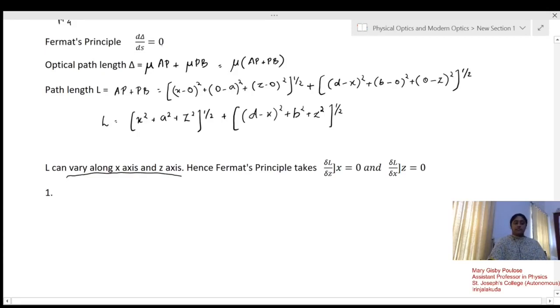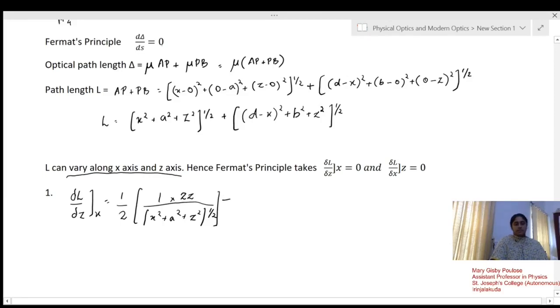First let us vary it upon z. The partial derivative ∂L/∂z at constant x can be written as 1/2 into 1 divided by (x² + a² + z²) raised to 1/2, again into z, which needs to be partially differentiated with respect to z.